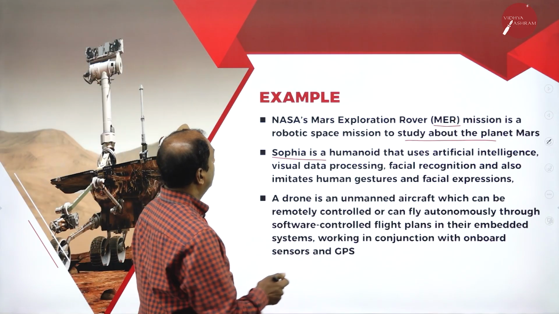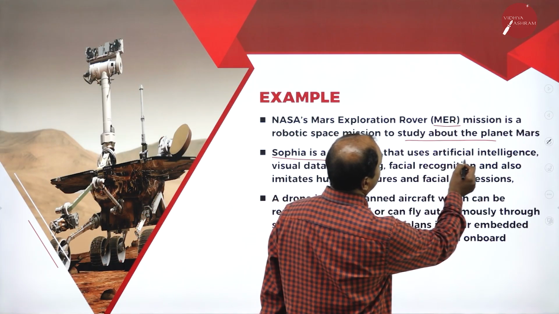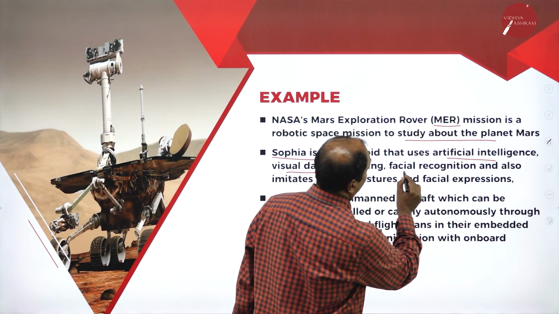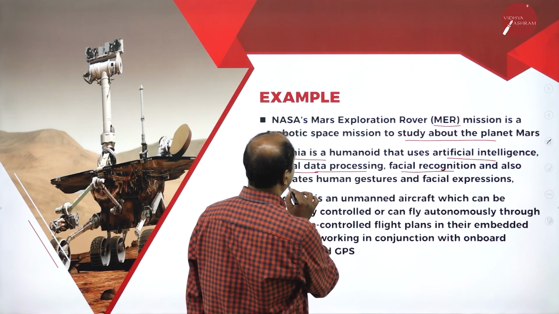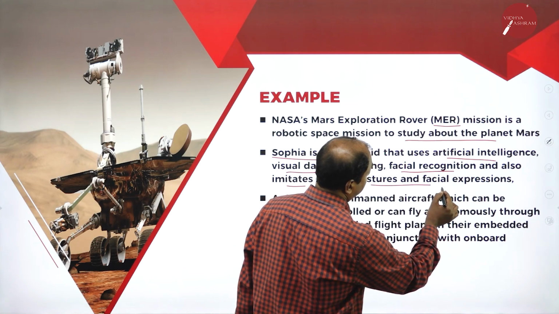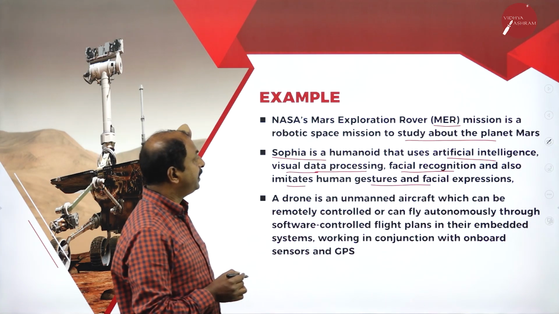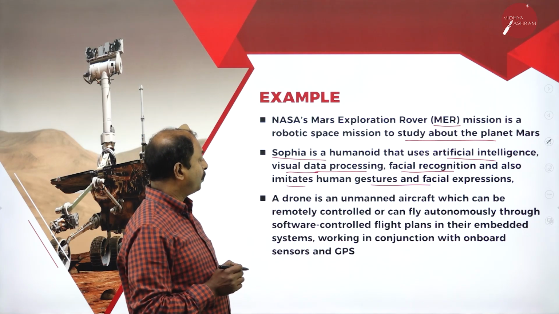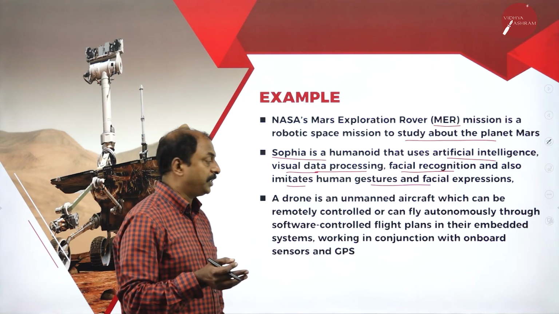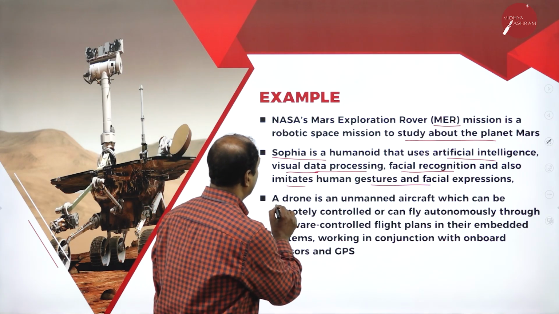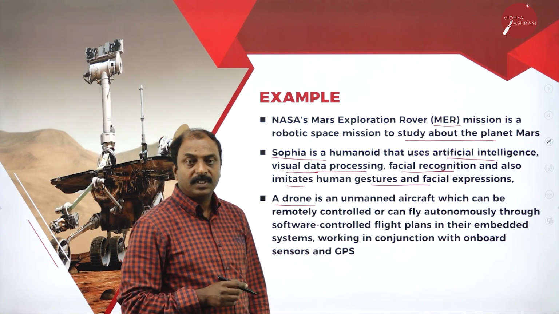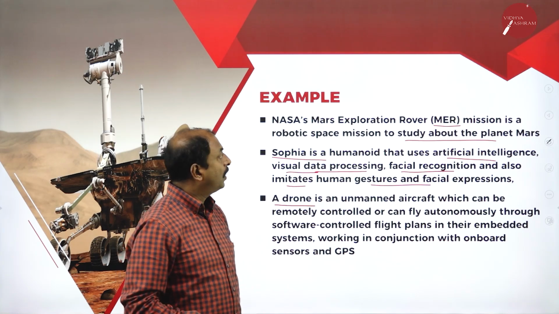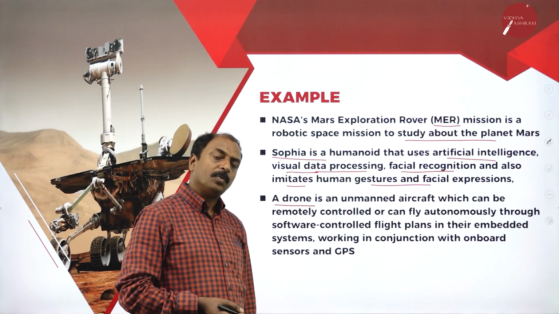This is Sophia, a humanoid that uses artificial intelligence, visual data processing, and facial recognition, and imitates human gestures, facial expressions, and so on. This is one of the applications of robotics, which are nothing but machines. Another example is a drone. We are familiar with the device called a drone. It works on the principle of robotics.